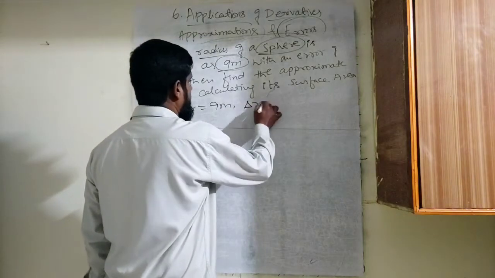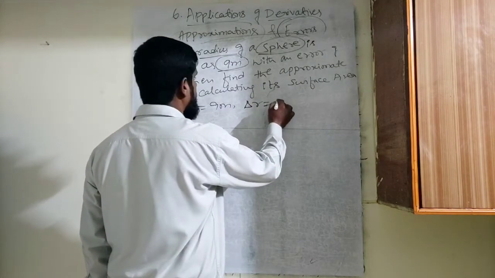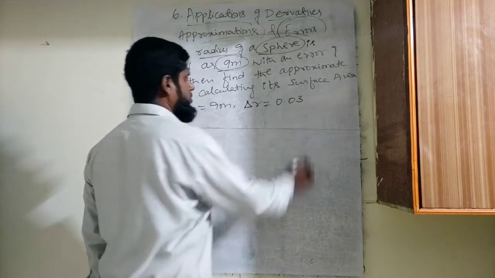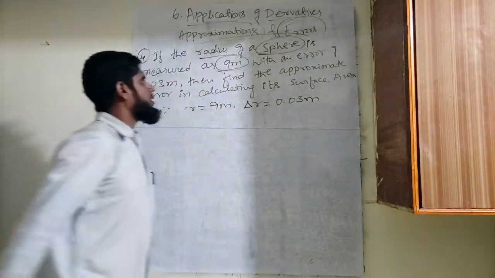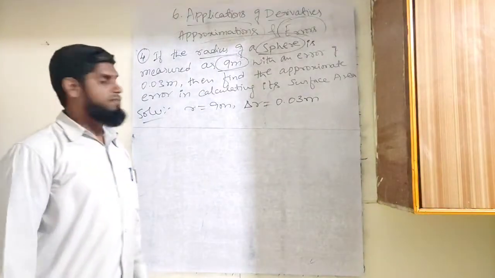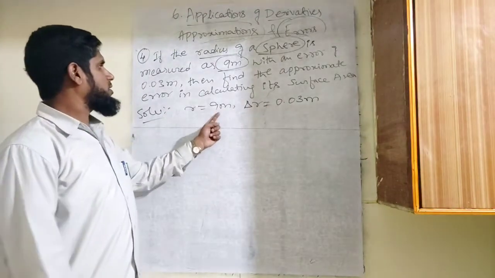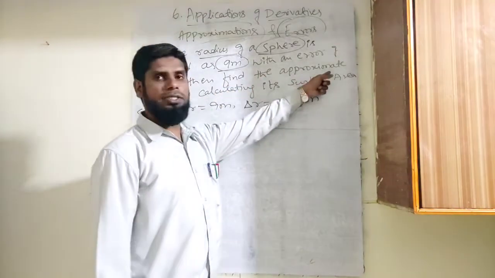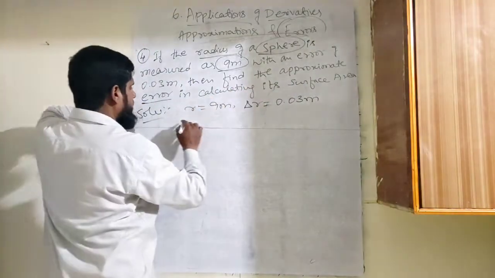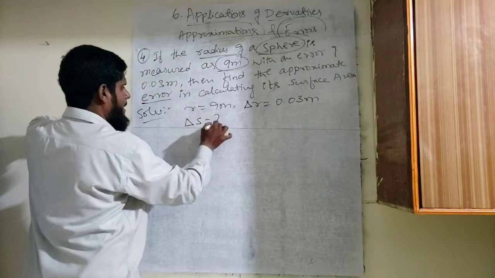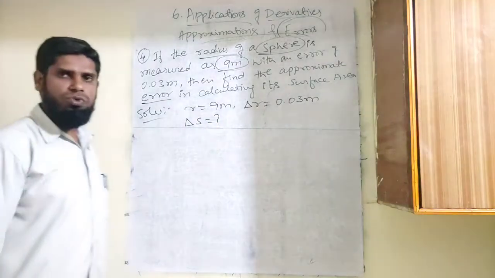Okay, delta R, we did an error, that is 0.03 meter error we did. Then if this is the error and this is the radius, then find the approximate error in calculating its surface area. Delta S is what he is asking us to find.